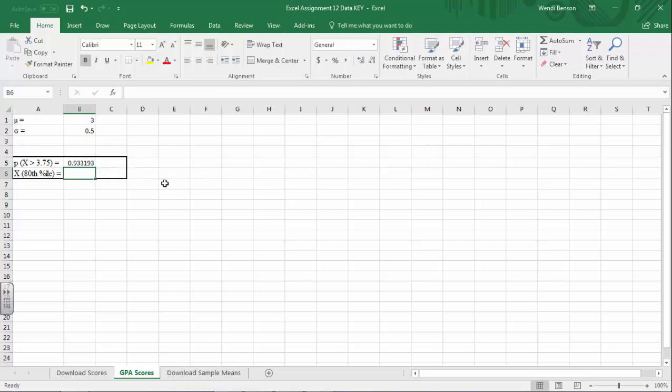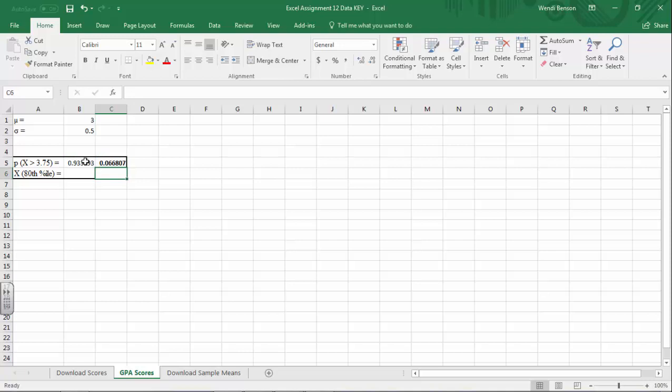So 93.3-ish% of Full Sail graduates from the software development program have a GPA less than or equal to 3.75. But we want to know how many or what percent or proportion have a GPA above 3.75. So we'll just do equals 1 minus at or below to get above.